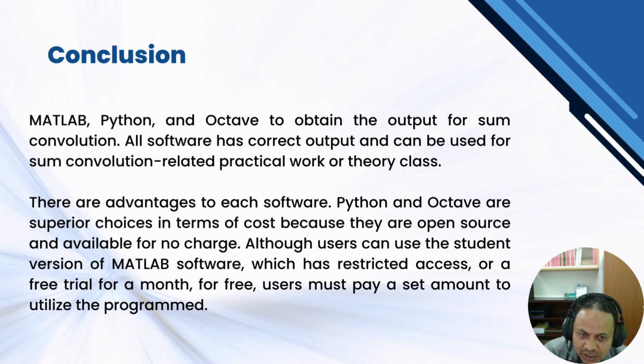In terms of cost, Python and Octave are open source and free. For MATLAB, we need to pay a certain amount to use the software, but alternatively we can use the student version, for 1 month only.